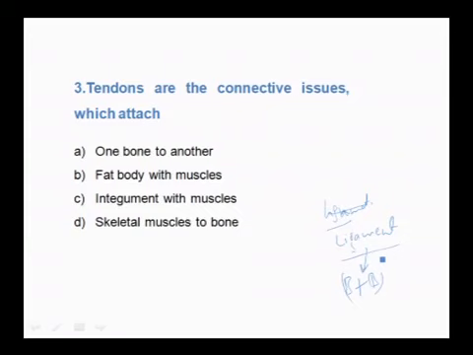Ligaments join bone with bone, but the tendons are the connective tissue which connects skeletal muscle with the bone, which gives flexibility to the bones and strength.